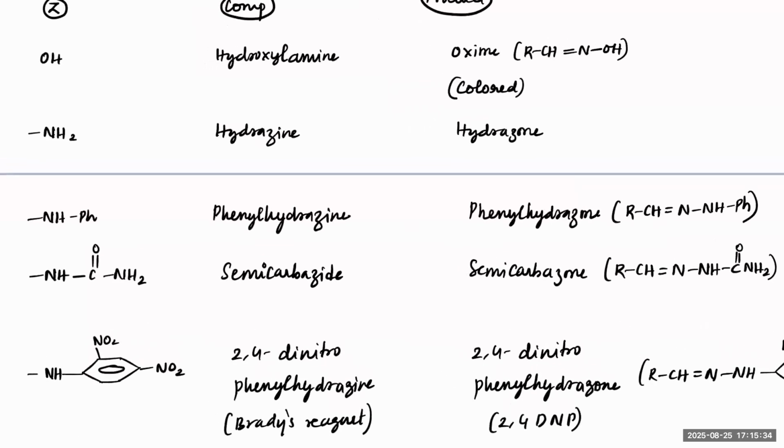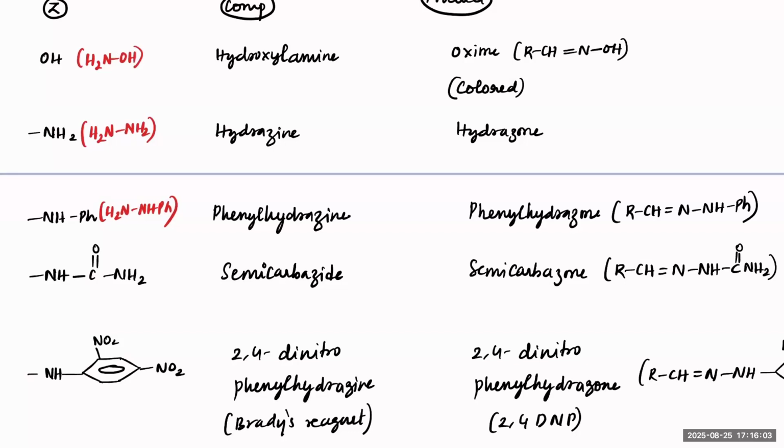The reactant is NH2 like this with OH. Here it is NH2 with NH2. Here we have NH2 with NH and pH. So I hope you got this. We are talking about this particular group here. That is remaining, right? That's not reacting.